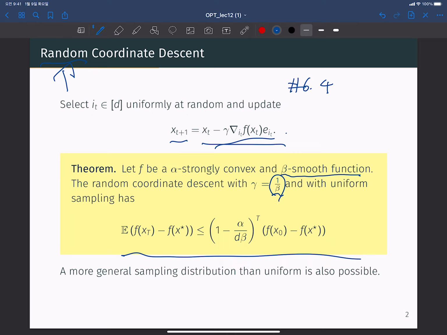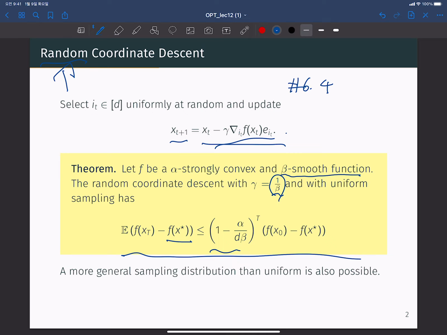The expectation of f(x_T) minus f(x*), the optimal point, is upper bounded by (1 minus alpha over d times beta) to the power T, times f(x_0) minus f(x*). So the convergence is exponentially fast to 0.